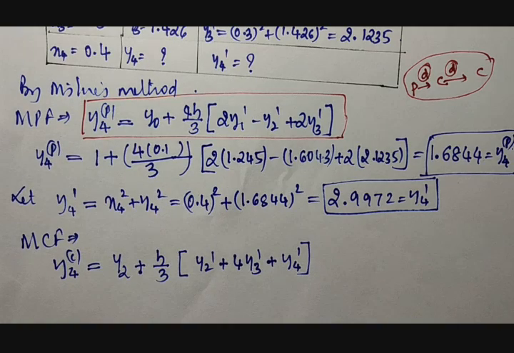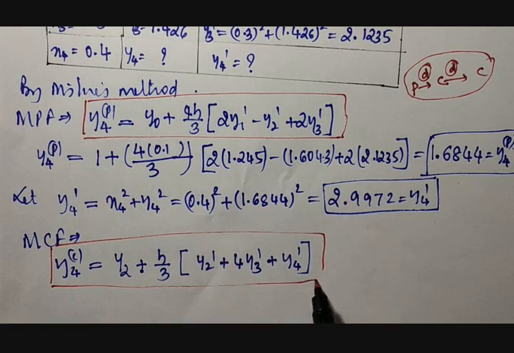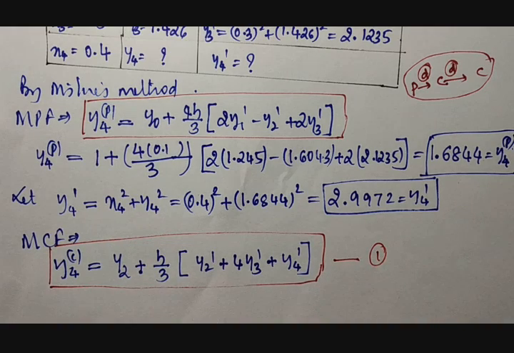Clear? So this is the result. This result we may take repeatedly, so I'll be giving some number to this. That is equation number 1.